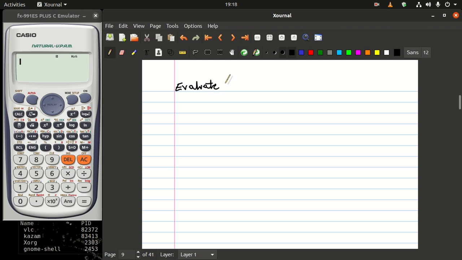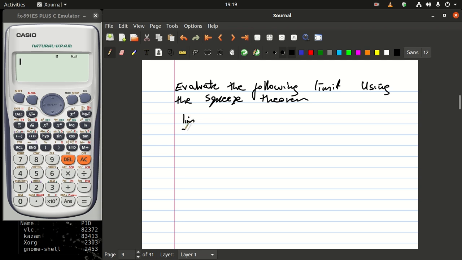I'm saying evaluate the following limit using the squeeze theorem, and this limit goes like this. Find, or evaluate, the limit as x approaches 0 of x times sine of x.